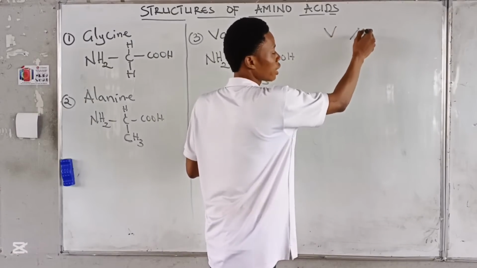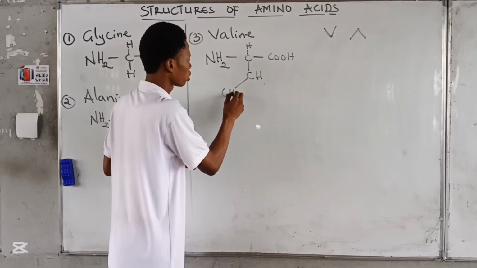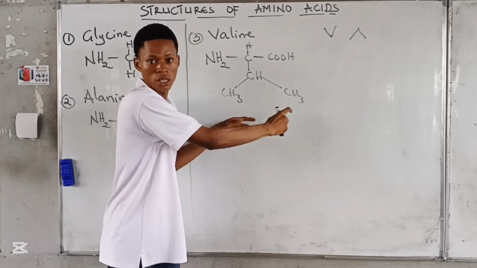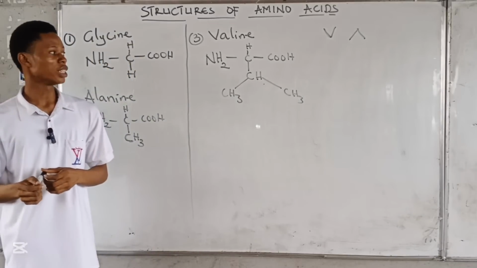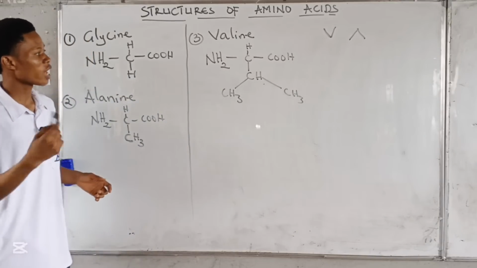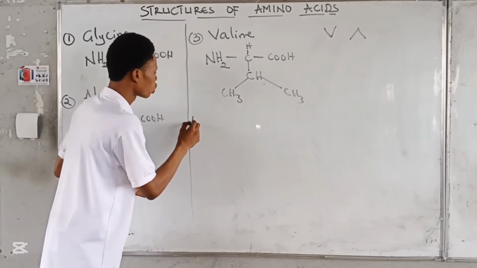Inverted V is like what? Like this, right? Is it not looking like an inverted V? This is the structure of valine. Looks like an inverted V. Good. So that's valine. The next one is what?